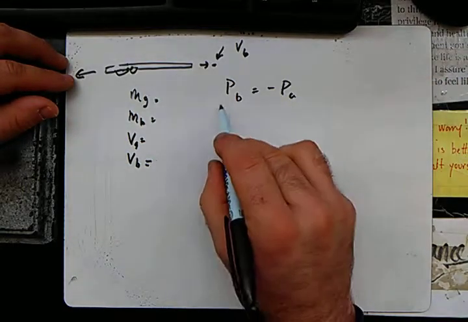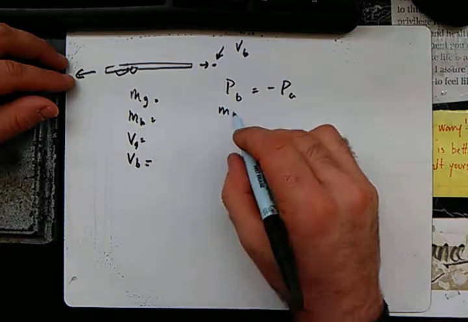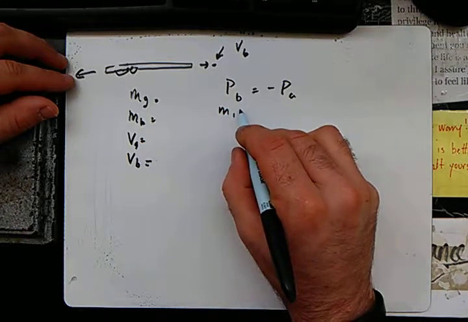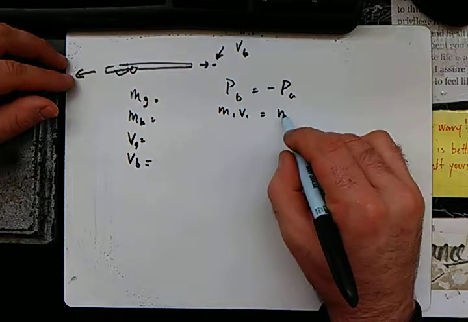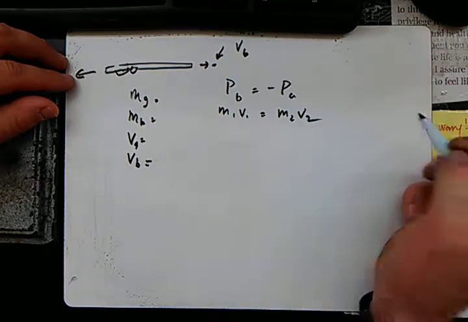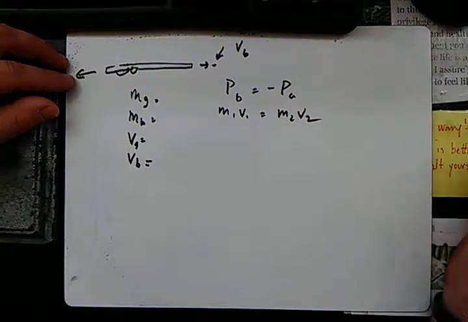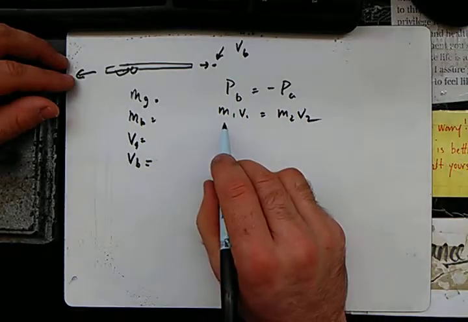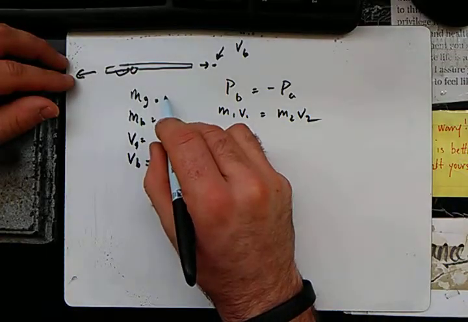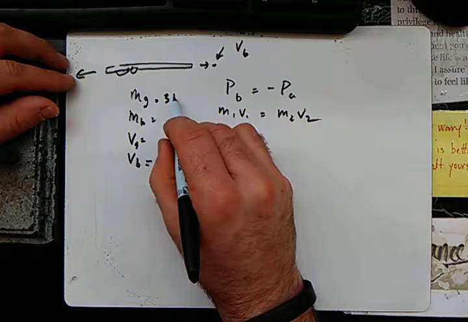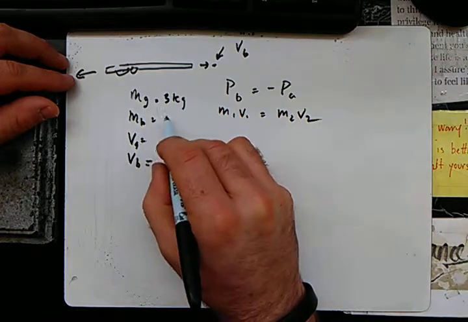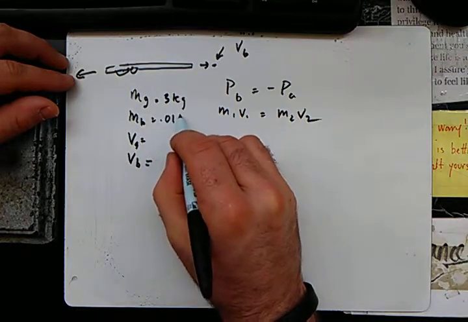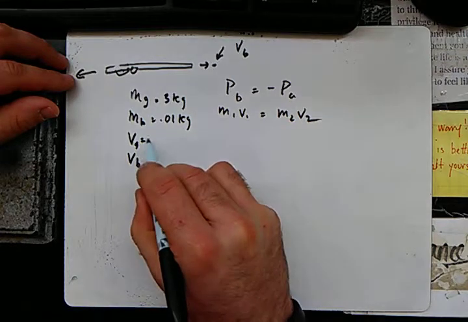We're going to take a look at M1 V1 is M2 V2. The mass of the gun, we're going to say, is 3 kilograms. The mass of the bullet is 0.01 kilograms.